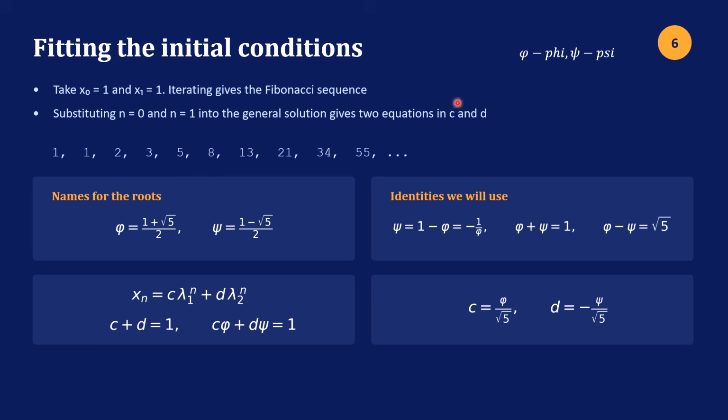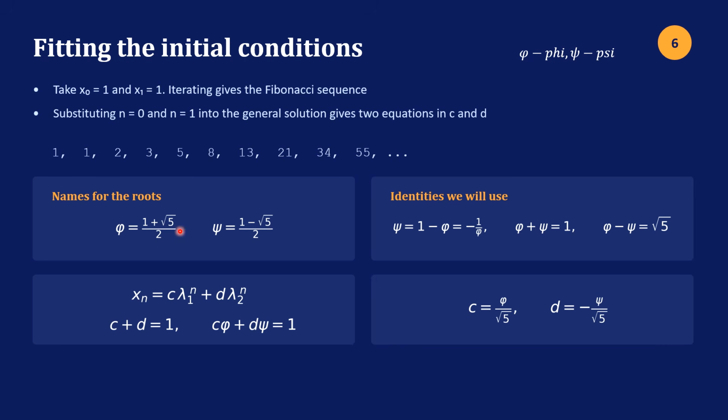So I gave names to the lambda sub 1 and lambda sub 2, phi and psi. Not my choice, but that's the general terms that are used in the literature for these ratios here. We have a few identities. If you add these together, you notice the square root of 5 over 2 cancel, and you just get 1.